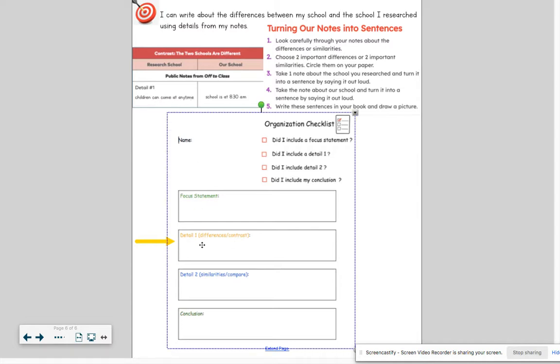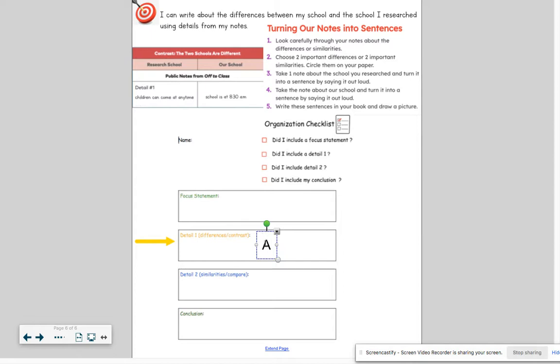Well, what school am I talking about? I'm talking about the Doorstep School. So I'm going to make sure I say, at the Doorstep School, children can come at any time. Does that make sense? I have to ask myself this question. At the Doorstep School, children can come at any time. Yeah, I think that makes sense. So I'm going to write that in my differences box.